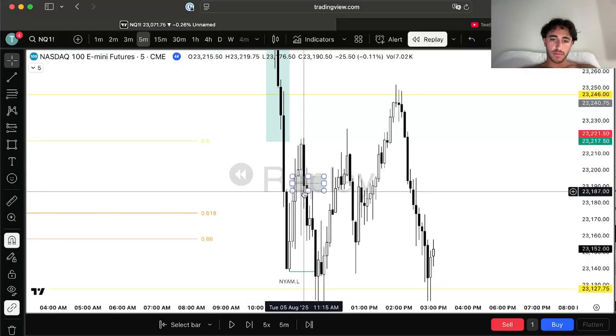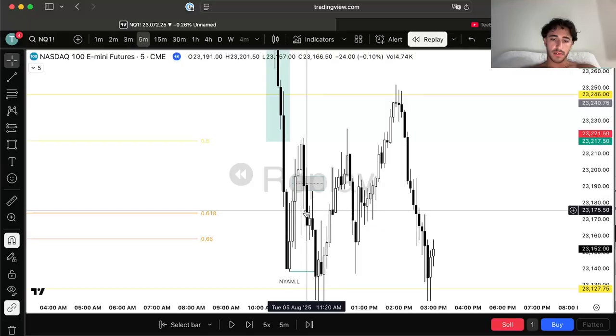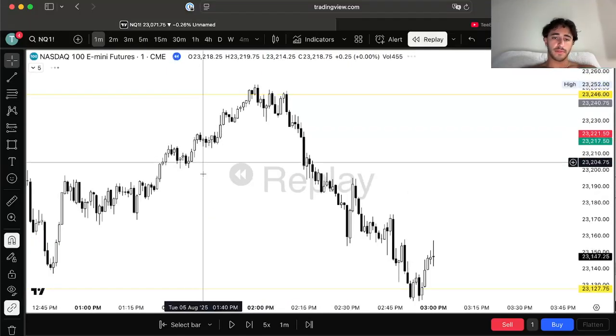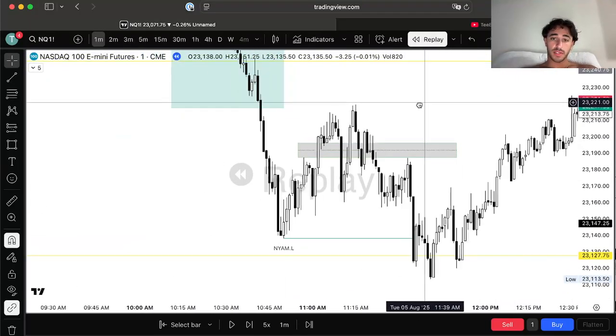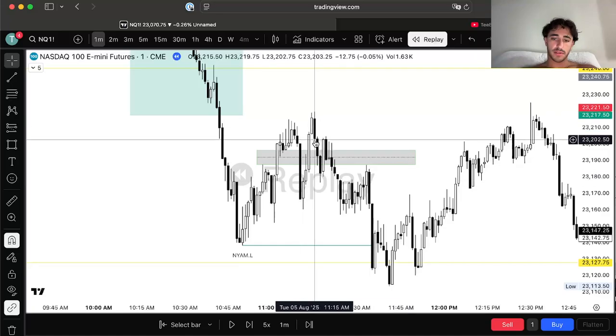If you look, we didn't inverse it yet until the 11:20 candle closed. So for me, I'm not allowed to take it. So until the 11:20 candle closes, can't take it here, can't take it here.